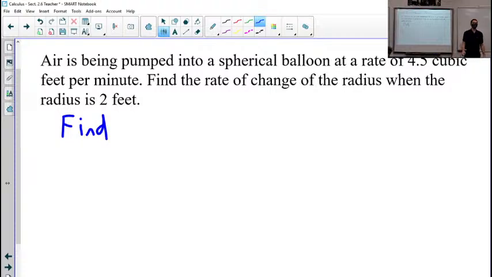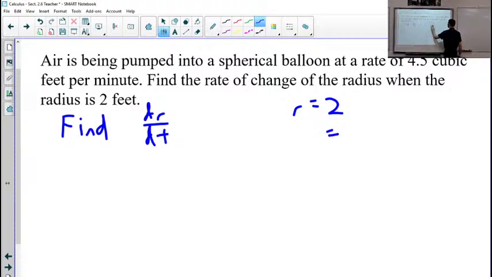Okay, so dr dt. Oh, radius, when the radius is 2 feet, so r equals 2. And then we are told something is 4.5. What is the 4.5?